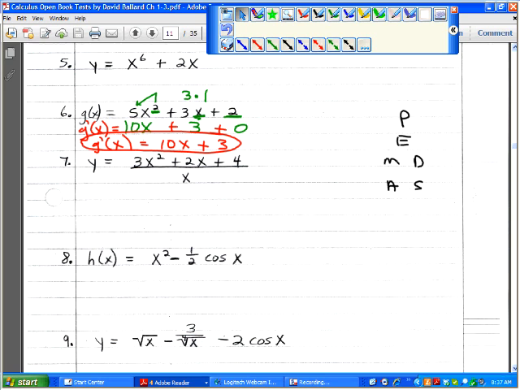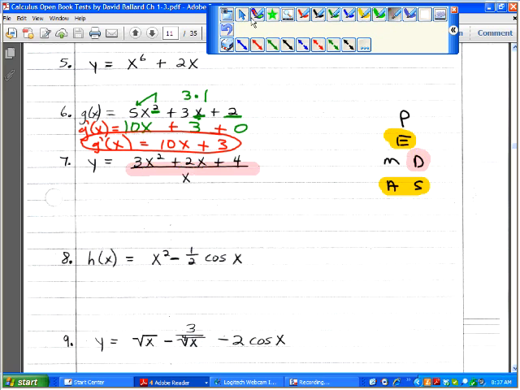Now we're doing derivatives, and so we have to learn how to perform all of the operations on derivatives. And right now, we know how to find the derivative of an exponent, the exponent rule. And we know that the derivative of a sum or difference is the sum or difference of the derivatives, but that's all we know. We do not know how to find the derivative of a quotient.